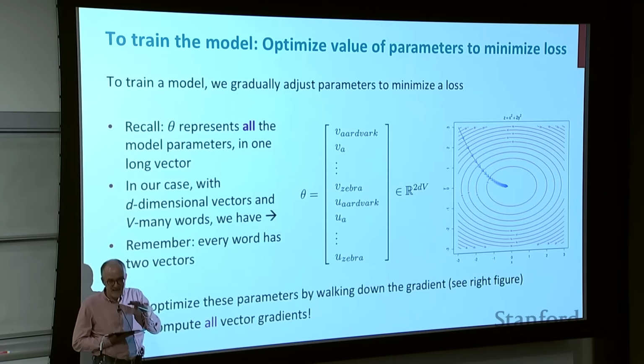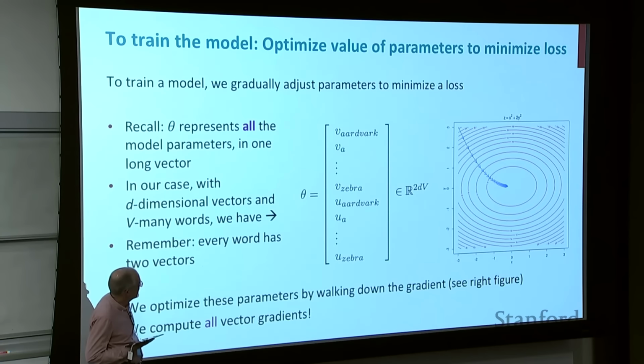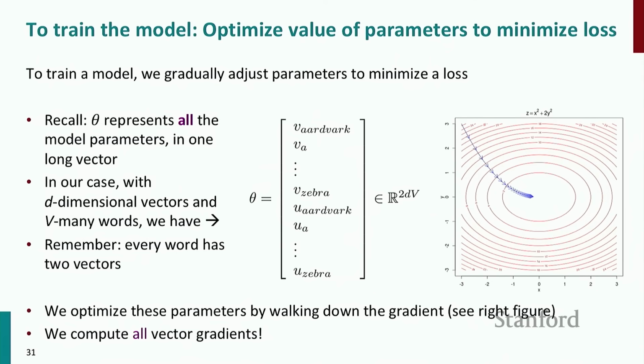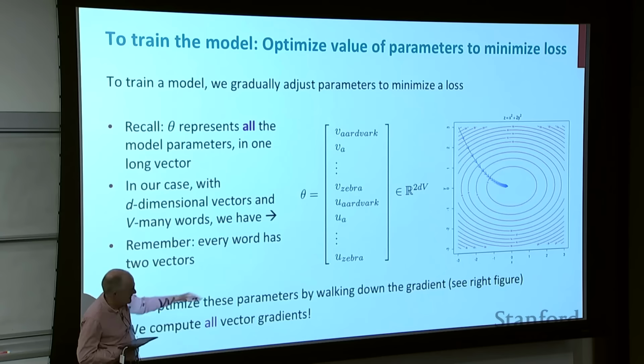Doing that just makes the math a bit simpler, which I can explain later. So if we had 100-dimensional vectors, we'll have 100 parameters for aardvark as an outside word, 100 parameters for the next word as an outside word, all the way through to 100 parameters for zebra as an outside word. Then we'd have 100 parameters for aardvark as a center word, continuing down.